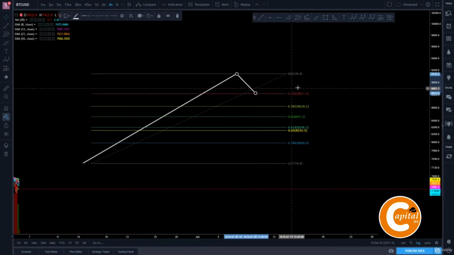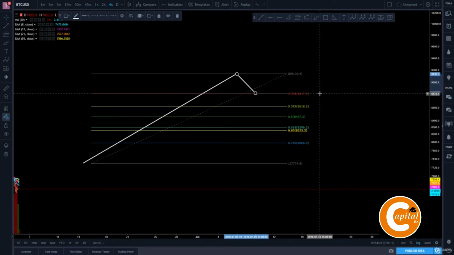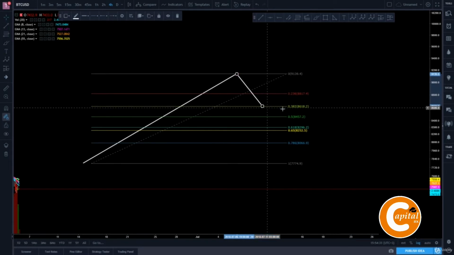This is a very small retracement, but keep in mind that it could make a little bounce off this level, and it will only hold in a very strong bullish market. Okay, so the next fib level is 0.382.